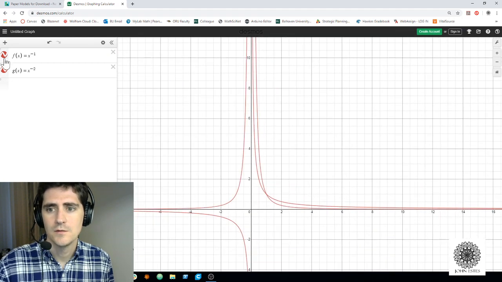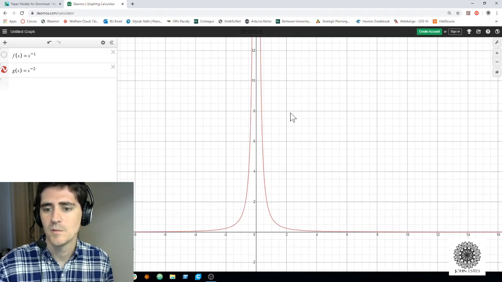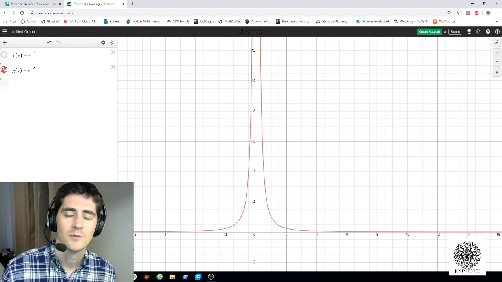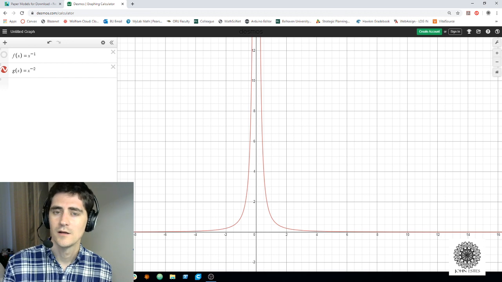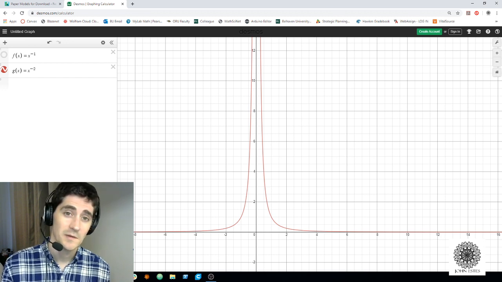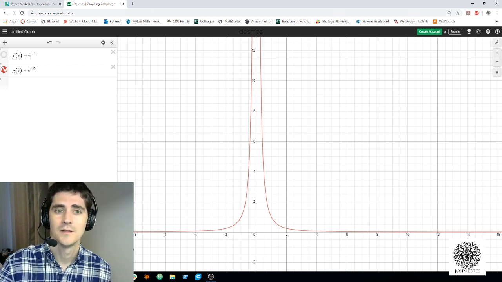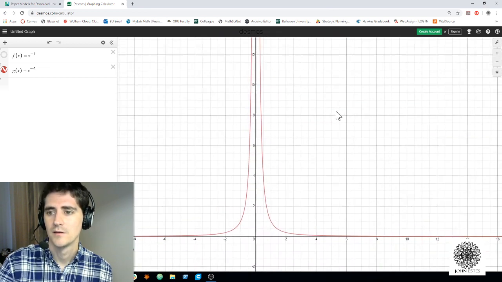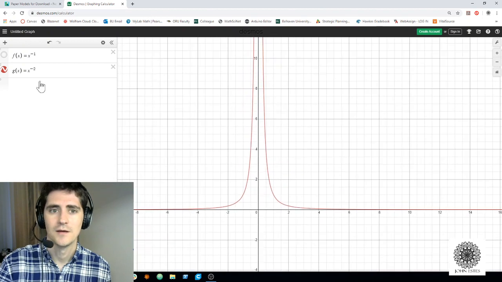If I look at the negative 2 power, everything stays positive. That makes sense because remember, negative 2 power means 1 over x squared. X squared is always going to be positive. You can't square something and get a negative. So that makes sense that all the function values would be positive. So you kind of got this funny looking thing.